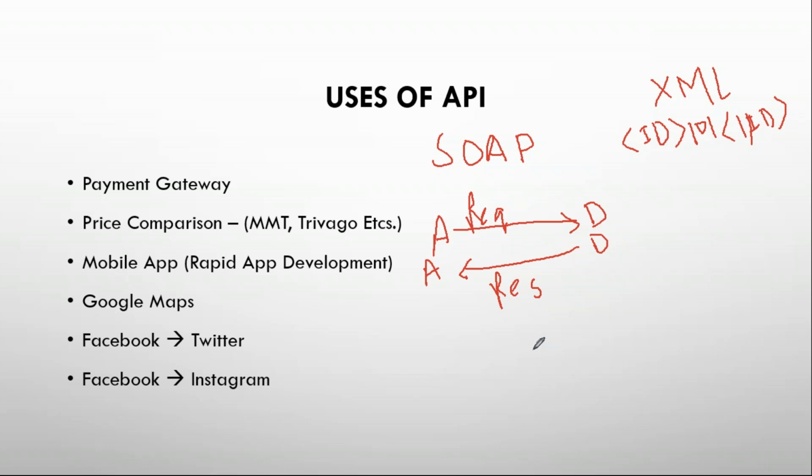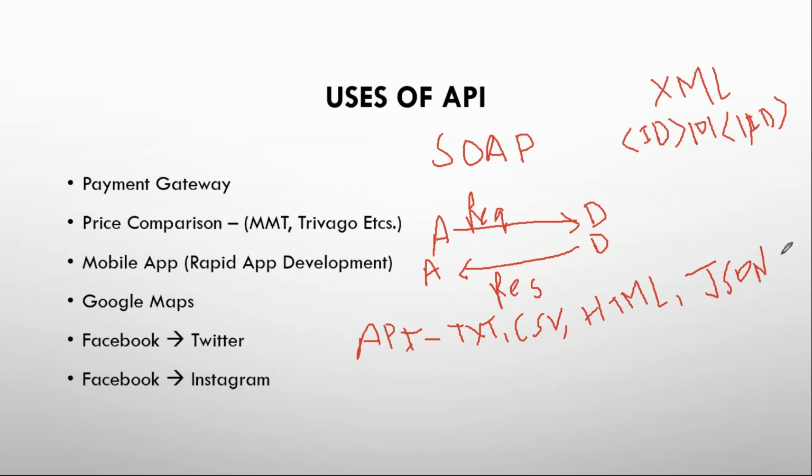Also, apart from XML, you can send in an API text based request, apart from XML, CSV, comma separated file, HTML, and JSON as well.